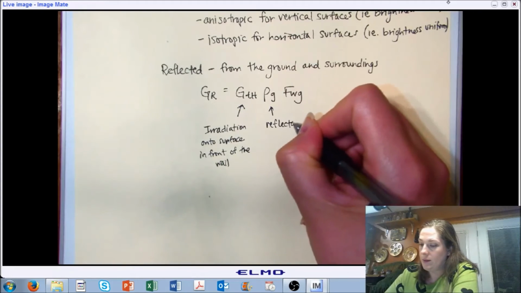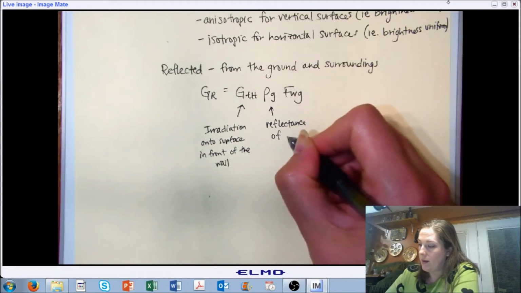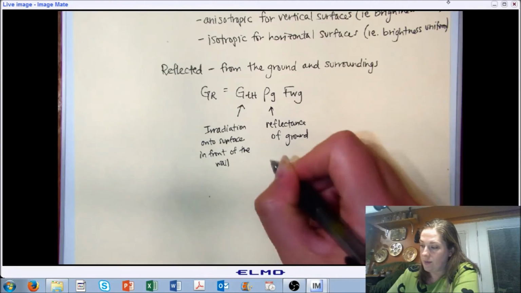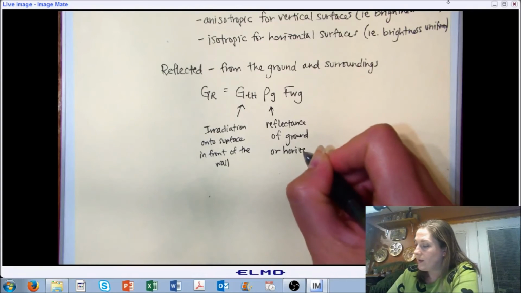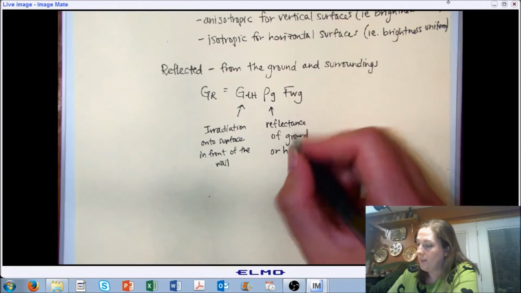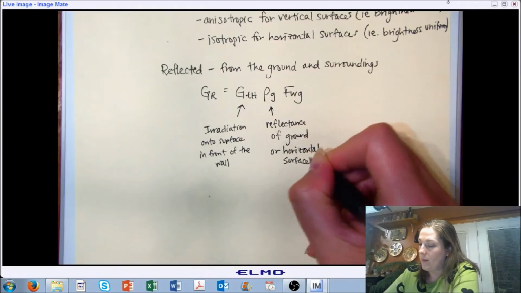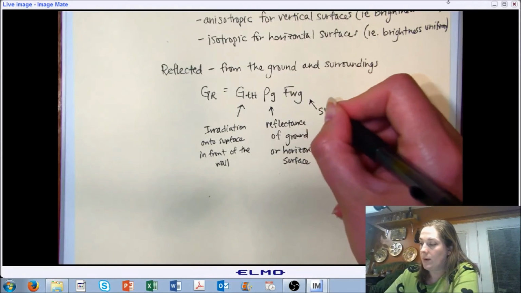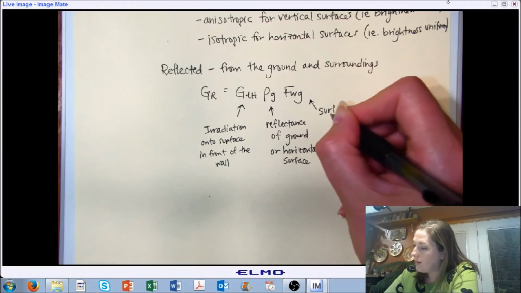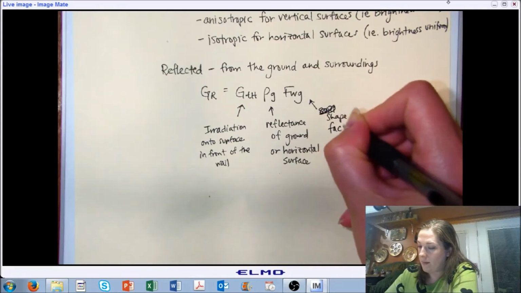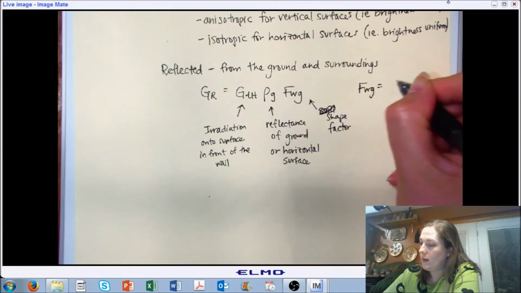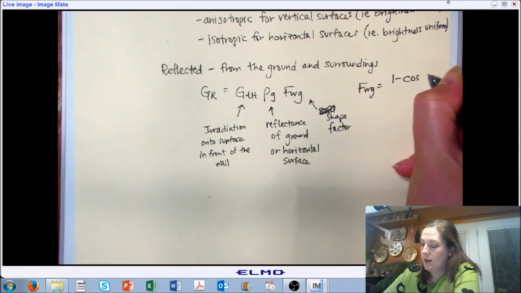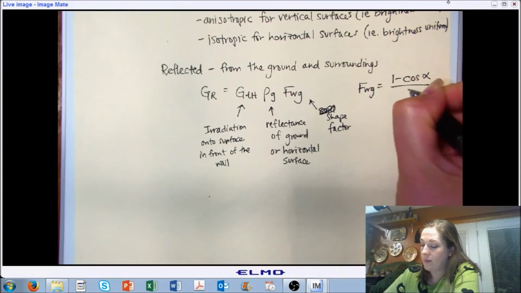And this is the reflectance of the ground or the horizontal surface, if it's not the ground. So if it's water or a pavement or something like that. And then we've seen capital F before as a shape factor. So this shape factor can be calculated as 1 minus cosine of the tilt angle over 2.